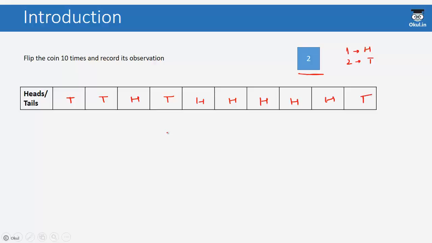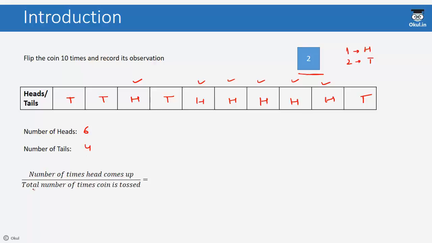That is tails. Here we will write how many heads we have got. So we have 1, 2, 3, 4, 5 and 6 heads. And the number of tails is 4 because the total number of tosses were 10.